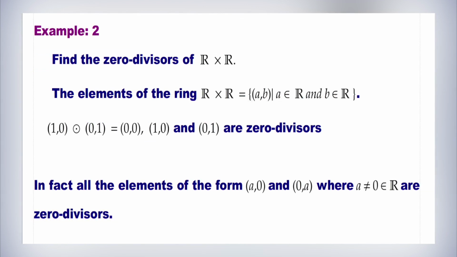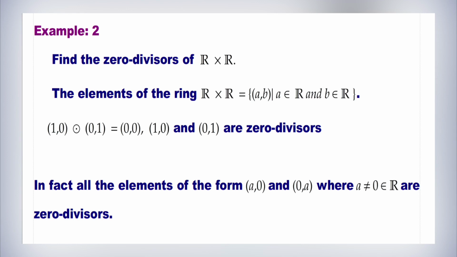The second example is find the zero divisors of R cross R. The elements of the ring R cross R equal to the set of all ordered pairs (a, b) such that a in R and b in R. Ordered pair (1, 0) ⊙ ordered pair (0, 1) equal to ordered pair (0, 0).